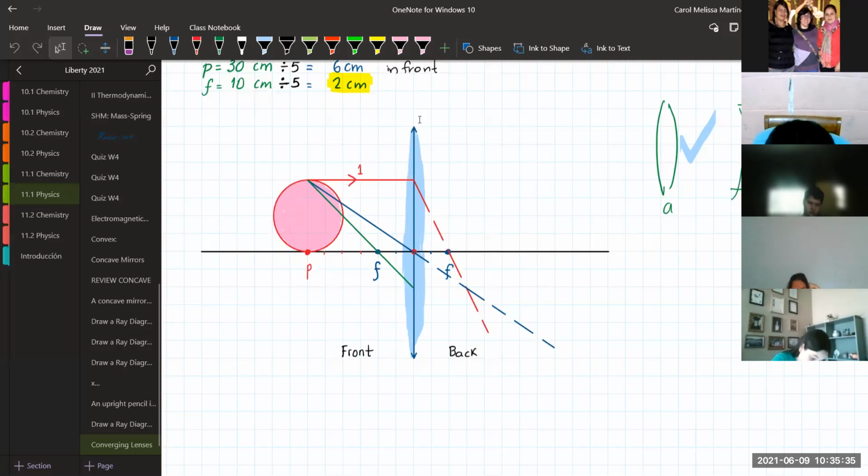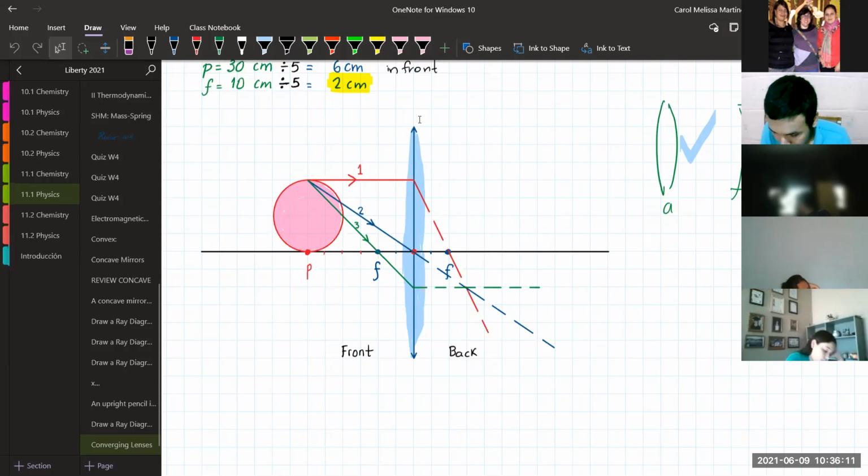And then the ray goes straight horizontal. Remember that in the back of the lens, you will use a dash line, like that. So this is the second ray. And this is the third ray.